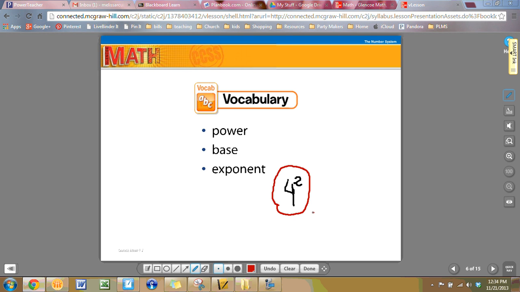The big number is the base. And then that little number at the top is the exponent. Okay?